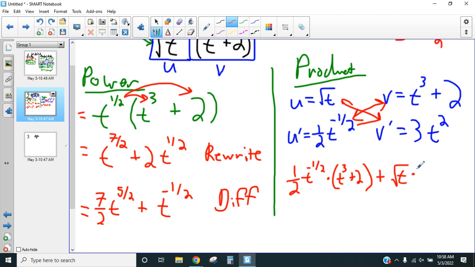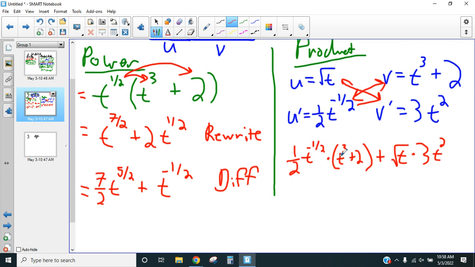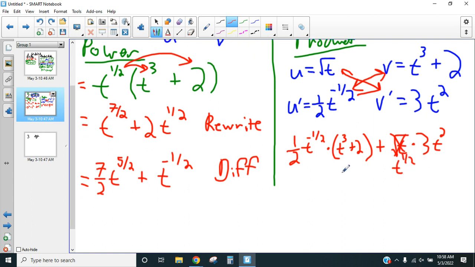Well, I don't like how I have two different forms there, but that's what I wrote up there, right? All right. If you wanted to write t to the 1/2, that's fine. It's the same idea. We still have to show that they're both the same.